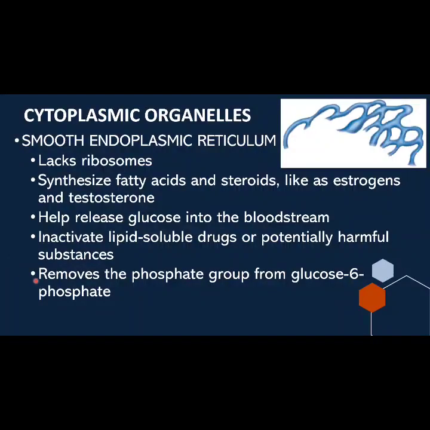In the liver, kidney, and intestinal cells, it removes the phosphate group from glucose 6 phosphate. And in the muscle, it stores and releases calcium ions that trigger contraction in muscle cells. That is for your smooth endoplasmic reticulum.